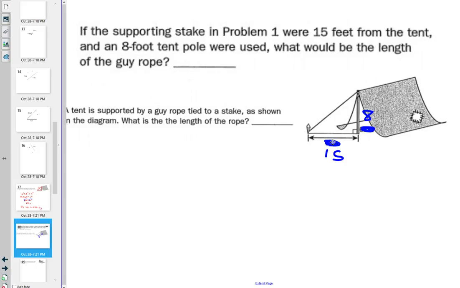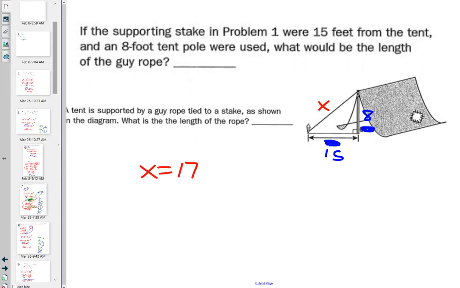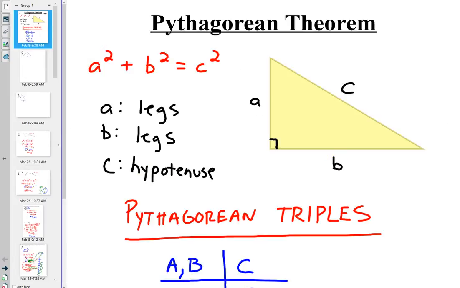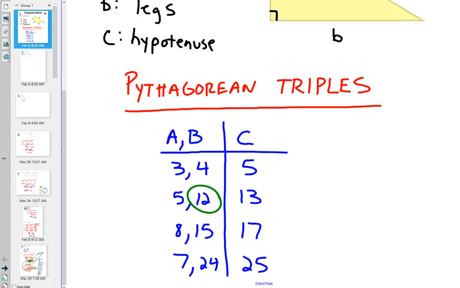Can anybody tell me how long this is going to be without having to use Pythagorean theorem? It's a Pythagorean triple. How did you get x equals 17? You just guessed. It's a Pythagorean triple. What type of triangle is that?